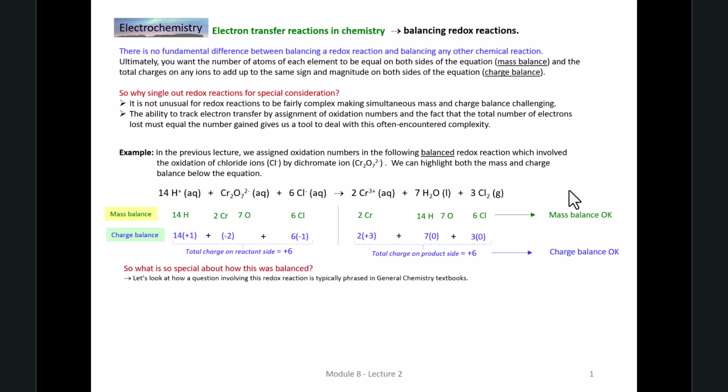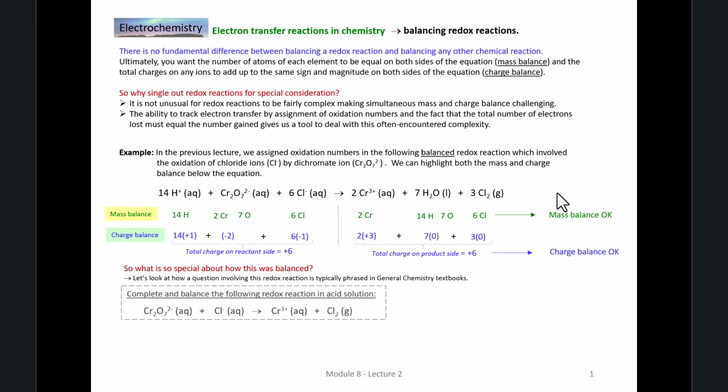Well, what was so special about how someone went and balanced this equation and gave us these coefficients? What we're going to do is look at how reactions like this are typically balanced and how the questions involving the balancing of these reactions are typically phrased in general chemistry textbooks.